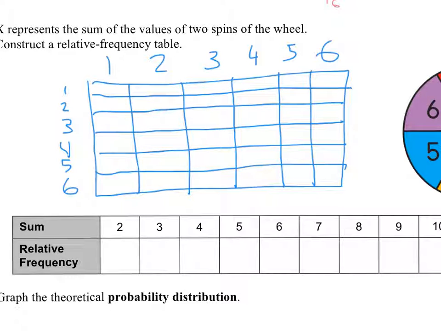So if we got a 1 and a 1, our total would be 2. If we got a 2 and a 1, our total would be 3. If we got a 3 and a 1, our total would be 4. So I'm just going to add up the 2 spins.